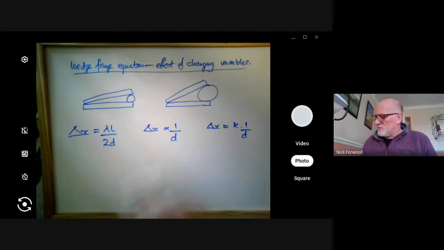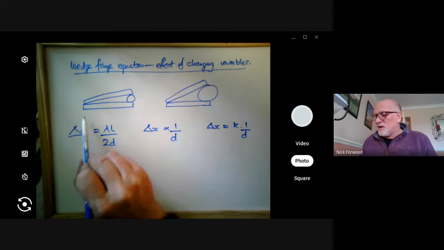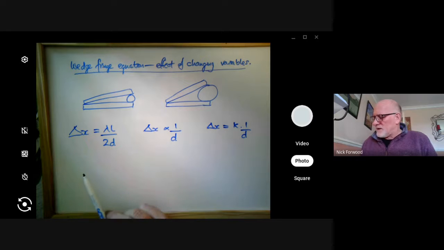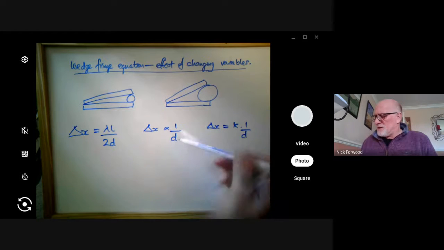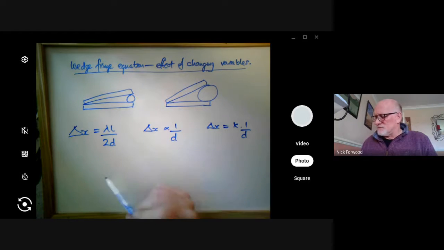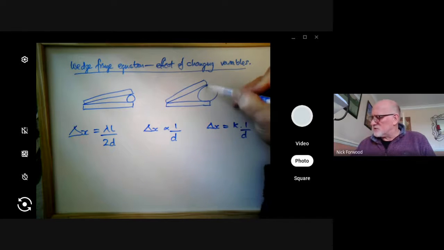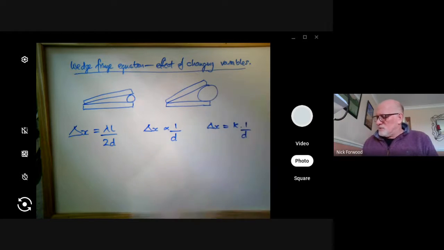So what we've got really is that the fringe separation, how far apart the black bands are, depends on 1 over D. So if D becomes bigger, then delta x becomes smaller. As this thickness increases, the fringe separation decreases.